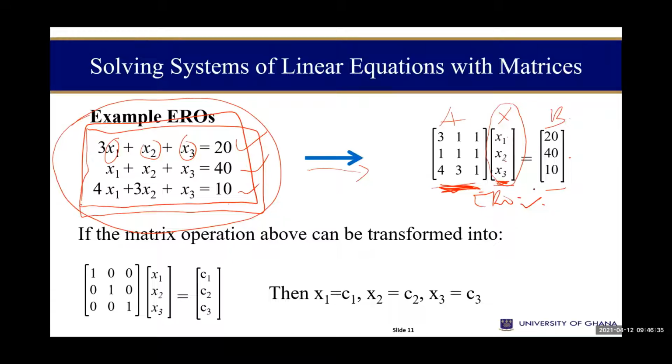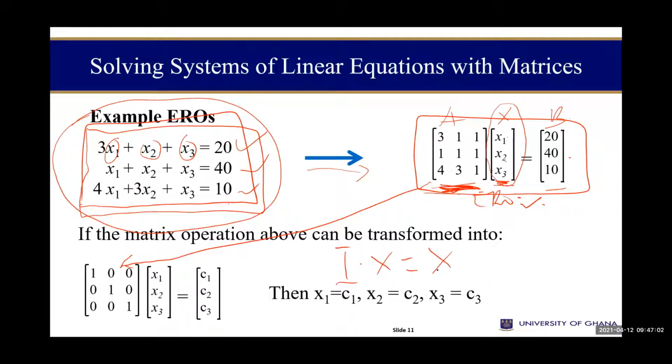So please bear in mind, before we start the operation, all we are saying again is that we should find a way to transform especially matrix A into an identity matrix. Once I get an identity matrix, we know that an identity matrix times any given matrix will give you the matrix itself.